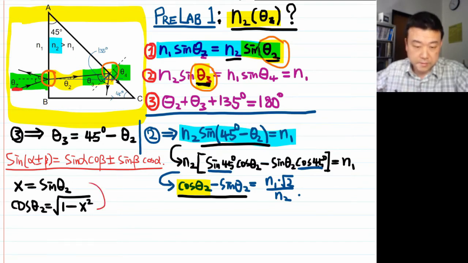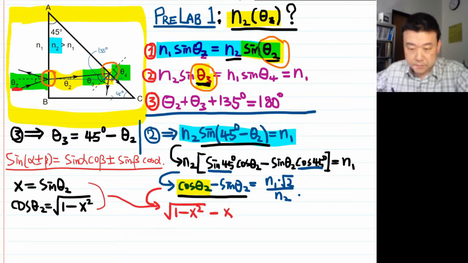So plugging these in, you get square root of 1 minus x squared minus x is equal to n1 over n2 times the square root of 2. So this is my newest version of equation 2.